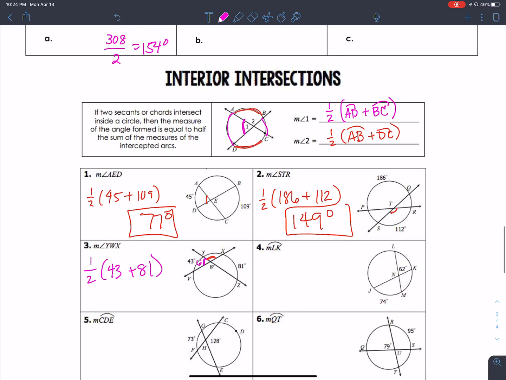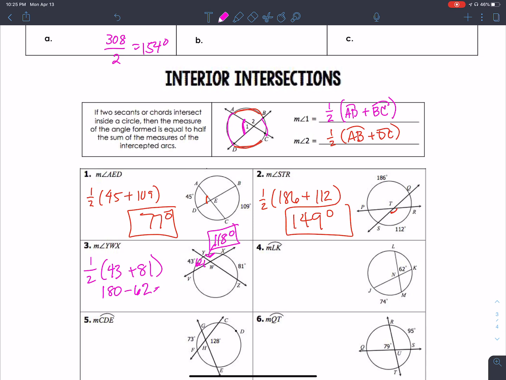And remember I talked about how to go from angle to angle when they're supplementary. So I'm doing 180 minus 62, which gives me the other one, 118. Anytime I have to get the other one, I just subtract from 180.